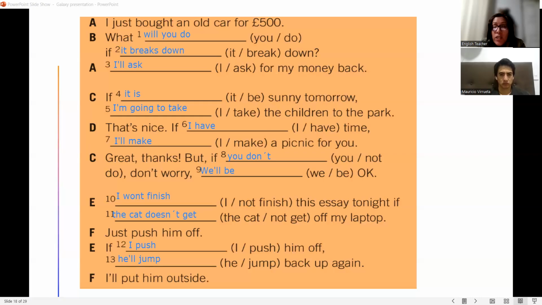There are different ways of predictions, okay? We have going to, we have will, will with predictions, going to with predictions, future continuous also. I am going to try to do a lesson about that because there are a lot of different futures. If you understand the future, you know how to use it, okay?